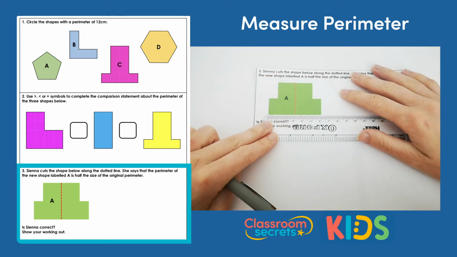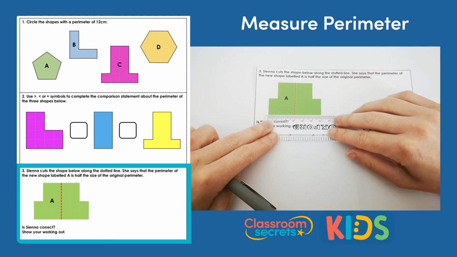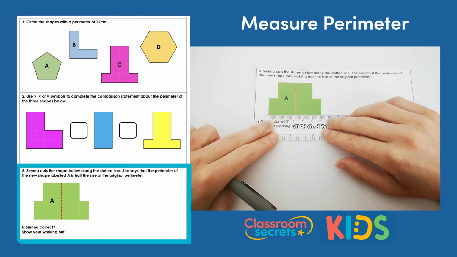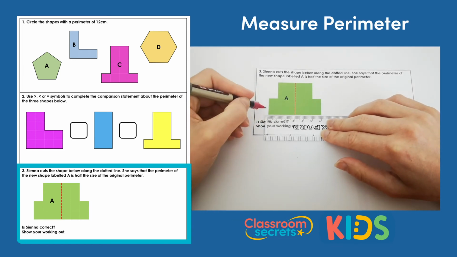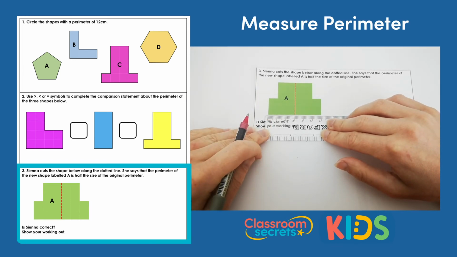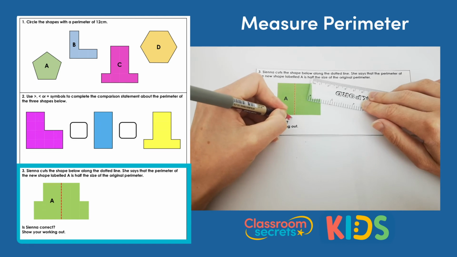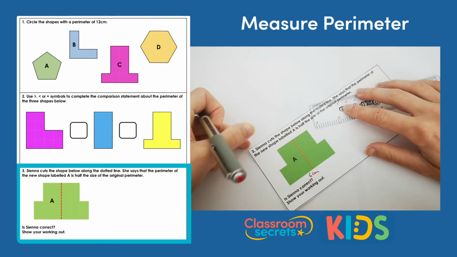So, again, as before, using our ruler, lining up the first marker on the ruler with the edge of the shape. We can see the bottom line there is worth 6 centimetres.